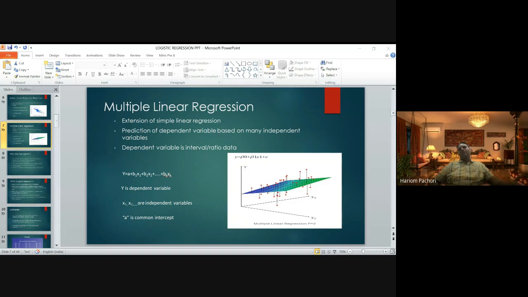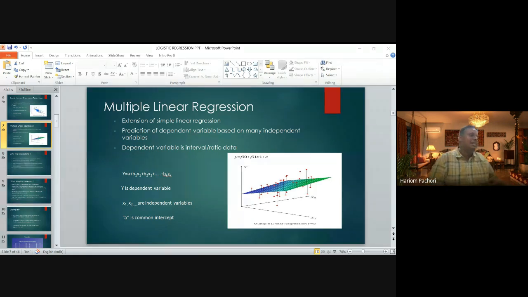In this case, your dependent variable will be dichotomous and categorical, while the independent variable could be of any type, discrete or continuous, or a combination of both. The dependent variable is binary, like yes and no, male and female, success and failure.